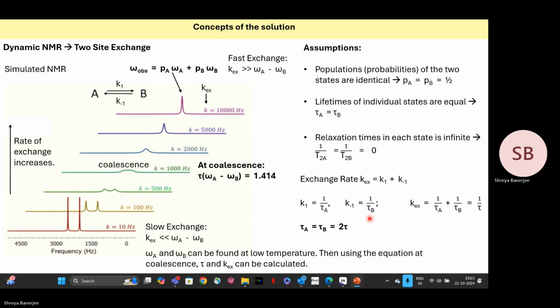Now, initially, suppose the exchange rate is very slow compared to the difference in frequency between the two states.